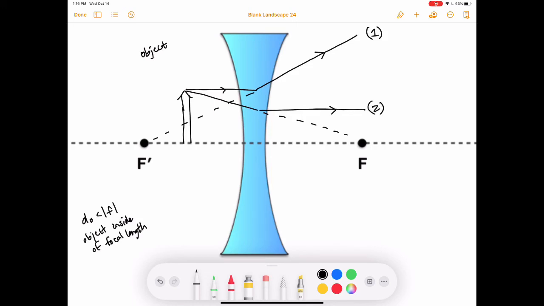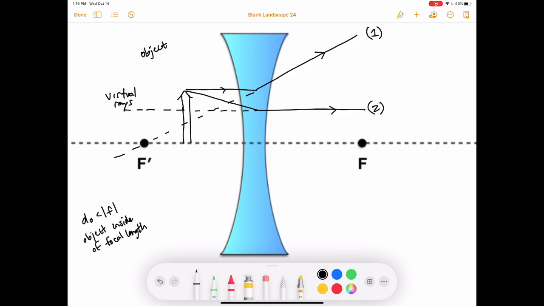So this is ray number 2. And if we take ray number 2 and we trace it back behind the lens, this is what we get. By the way, we call these dashed lines the virtual rays.